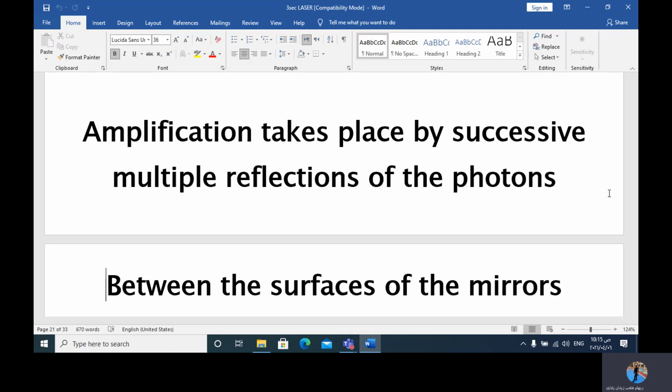We are going to get this when we study the structure of the laser. But simply the reflection happens between surfaces of mirrors. We have two surfaces of mirrors, and between them the photons will be successively reflected, and this will make the radiation amplified.